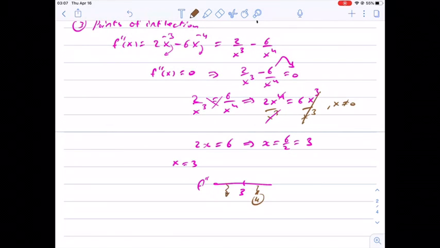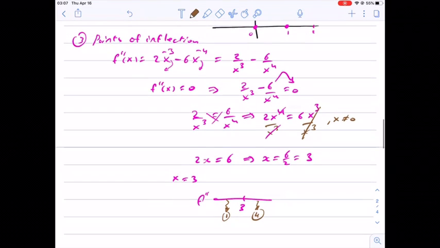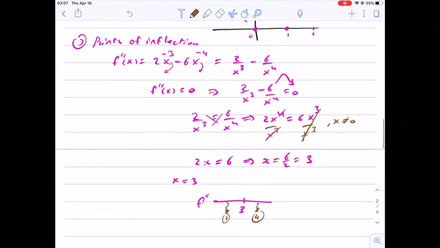Let's choose a value greater than 3, like 4, and a value less than 3, like 1. If we substitute 4 into f double prime, we get a positive value. And if we substitute 1, we get a negative value. Here it is concave down.